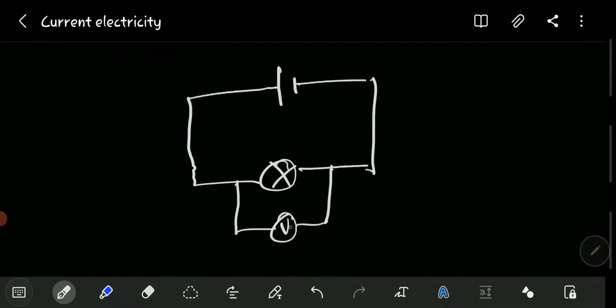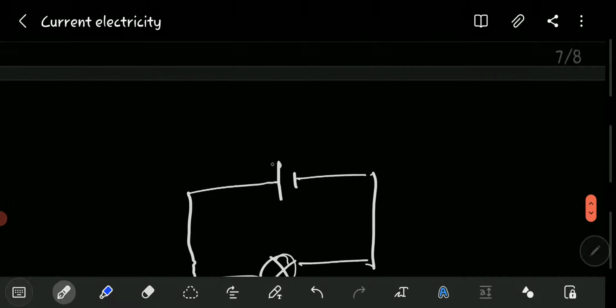If we connect it like this, we are measuring the potential difference across the lamp. But in this particular case, we want to measure the EMF, so we connect the voltmeter across the source of current, which is the cell. So if it is connected like this, we are measuring EMF, electromotive force.